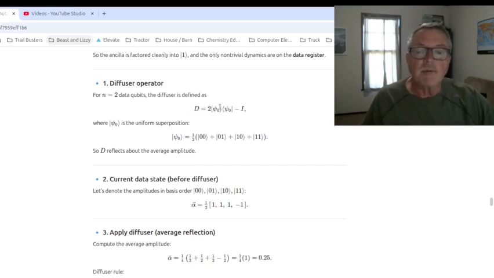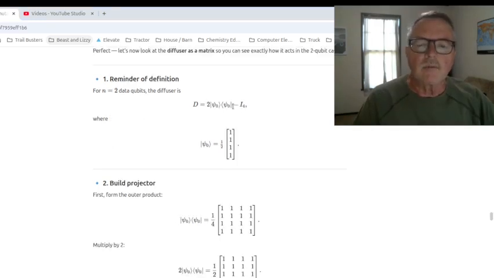The diffuser operator is this scary looking thing, and what we see here is an outer product of the state vectors, and then minus I, which is the identity operator. So let's see if we can build this thing up from scratch. This is the diffuser gate, which handles the inputs after the oracle does the search. Just a couple zeros in superposition, a couple plus gates.